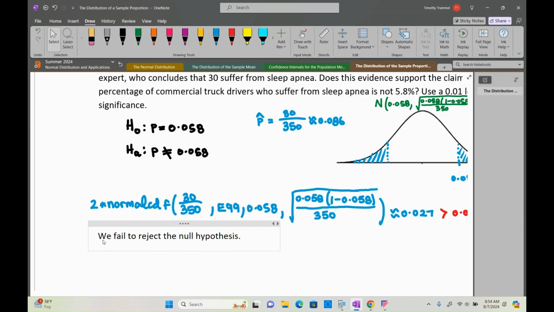And what this means is that we do not have evidence for the alternative. And the alternative was that the proportion of truck drivers that suffer from sleep apnea is different from the rest of the population.